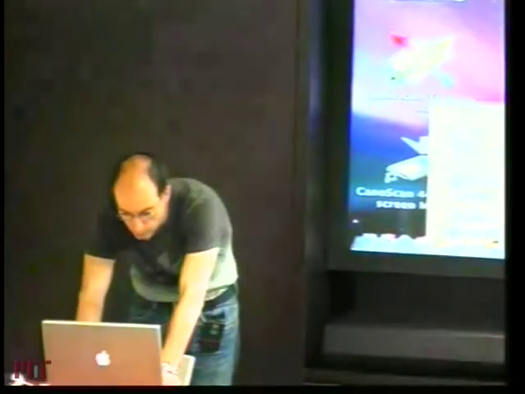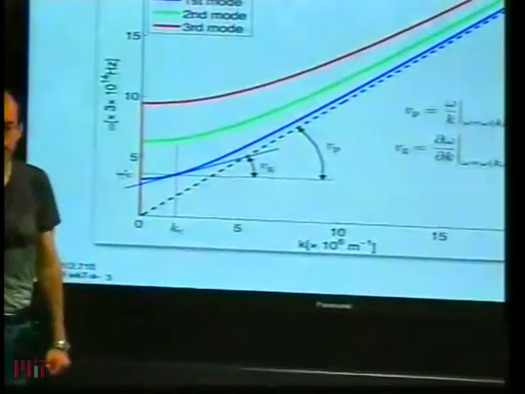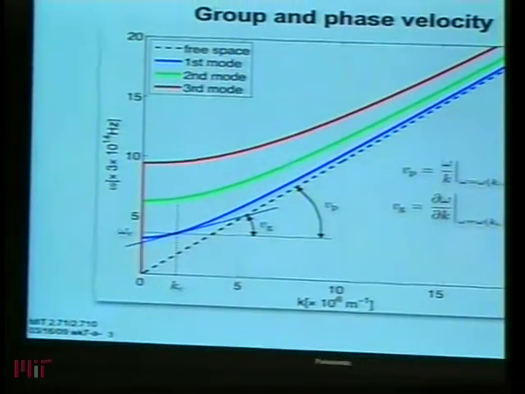So the linear dispersion relation that I showed before is for vacuum. Actually, it is also linear in a medium, but with a different slope, I should have said that.